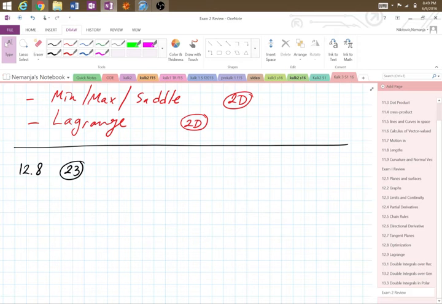Problem 23 from section 12.8 on min, max, saddle. We have the function f(x,y) given as x to the 4 plus 2y squared minus 4xy.